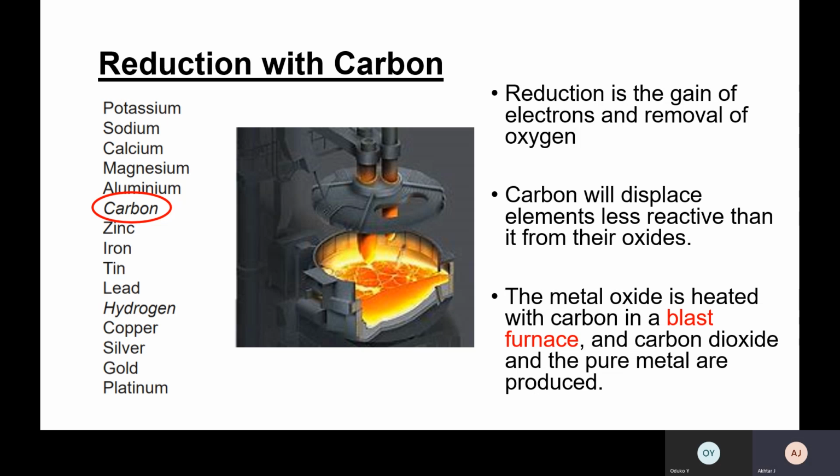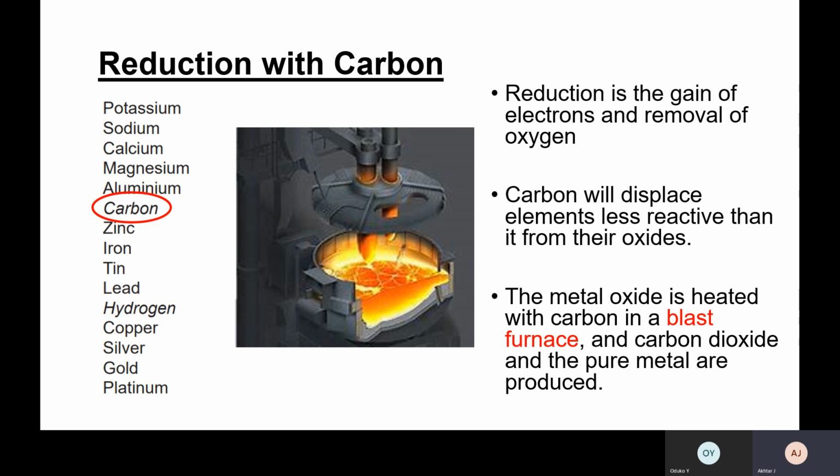Now, carbon is more reactive than zinc, iron, tin, lead and copper. So what we can say is that carbon is able to displace those metals out of their compounds, and as a result, the products would be a pure metal and carbon dioxide.